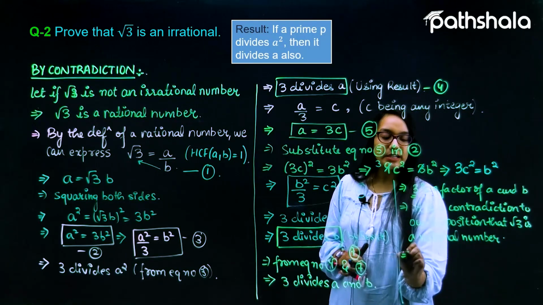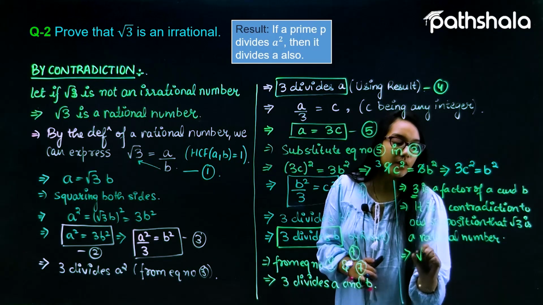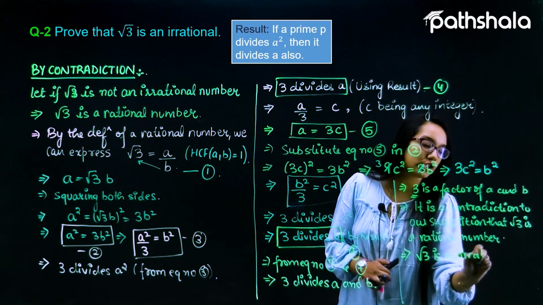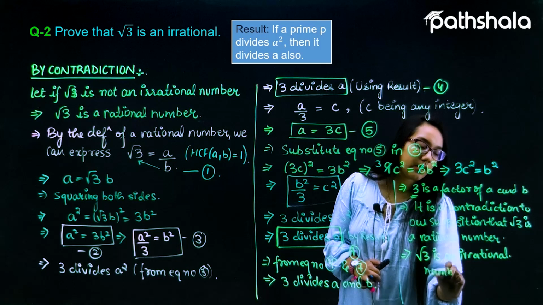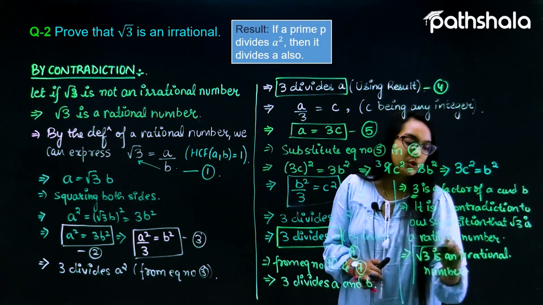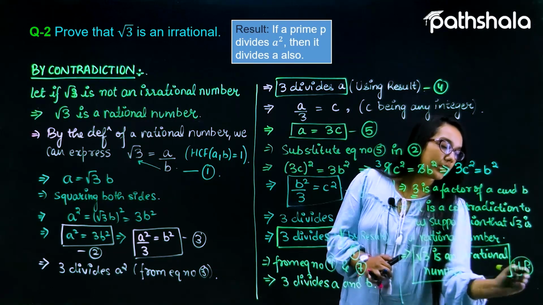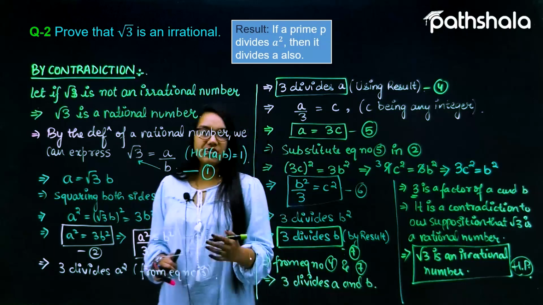So it is a contradiction to our assumption, which implies that square root 3 is an irrational number, hence proved. So this is the proof that square root 3 is an irrational number.